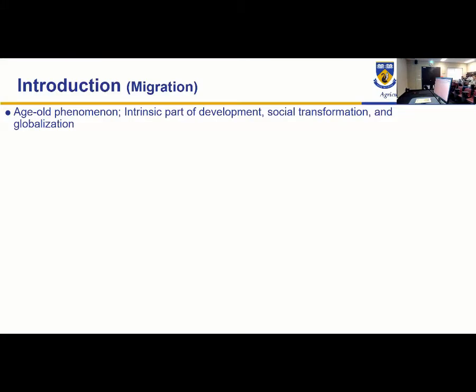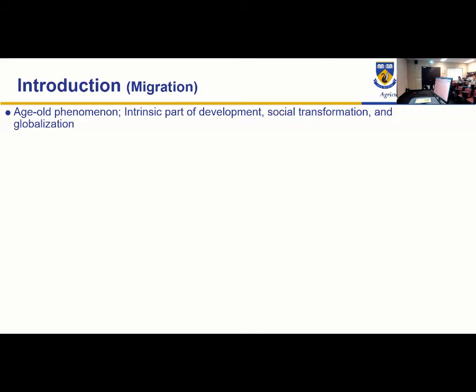While talking about migration, migration involves the movement of an individual or group of people from one place to another, which could be either inside a country or from one country to another, for a variety of reasons. It is an age-old phenomenon. It is ubiquitous, common to every country, and central to human history, human civilizations, and human cultures.